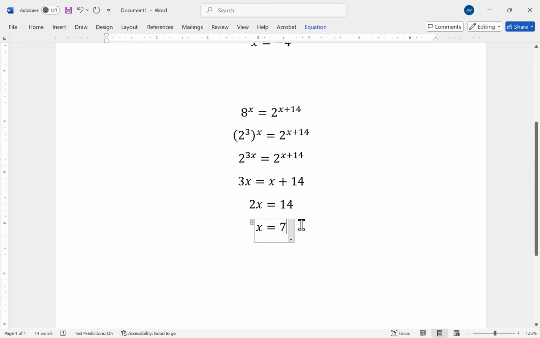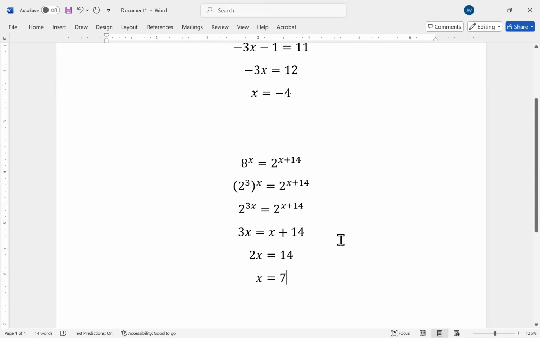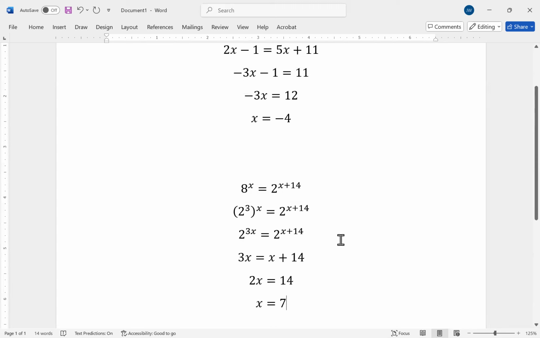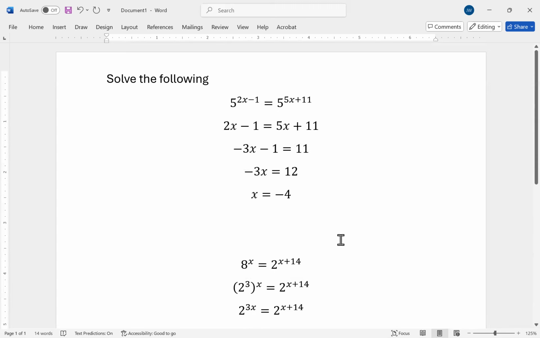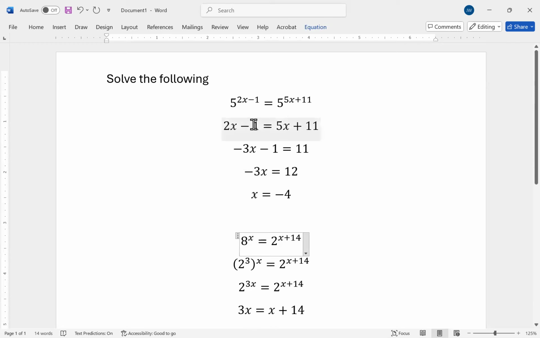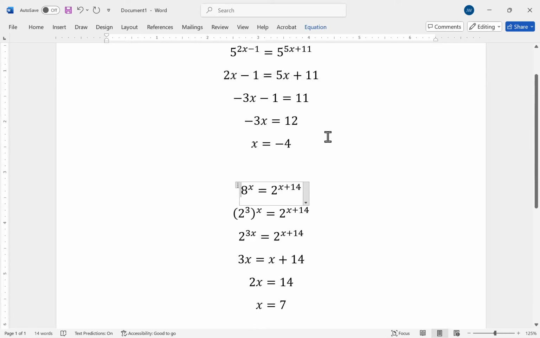So again, you can always check your answer by plugging in that 7 on both sides. So that's using the property of equality with same bases, which means that the exponents have to be equal.